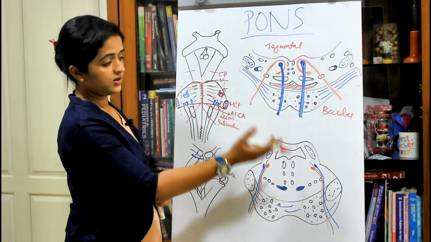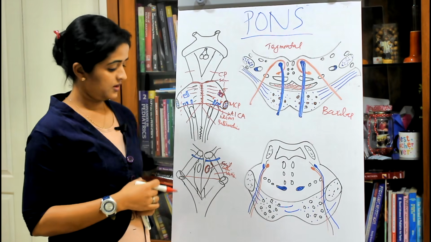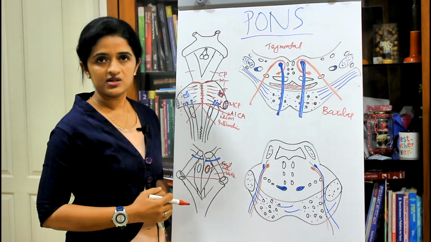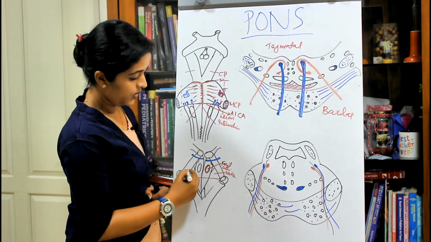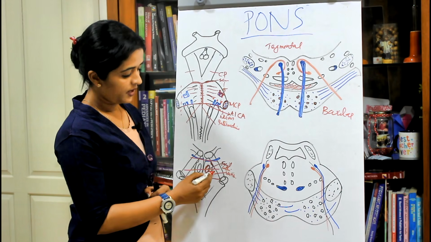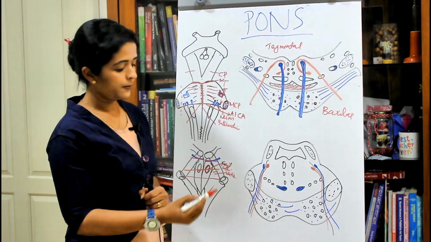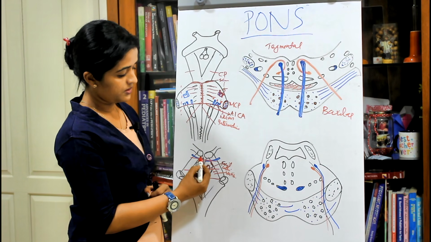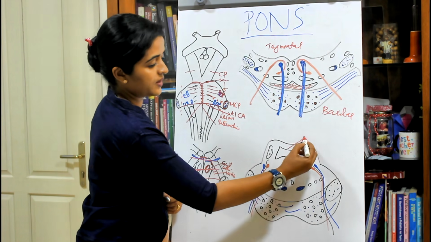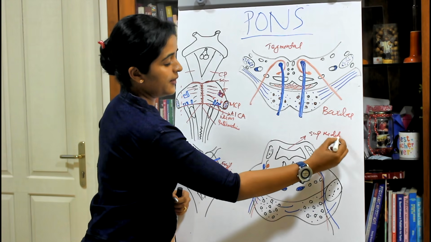At which points does the dorsal tegmental portion differ? We can take two sections of pons in order to explain the internal features: one at the lower aspect of pons and one at the upper part of pons. In the lower part of pons you will get the facial colliculus and vestibular area, and the upper part of pons is roofed by a layer known as the superior medullary velum.